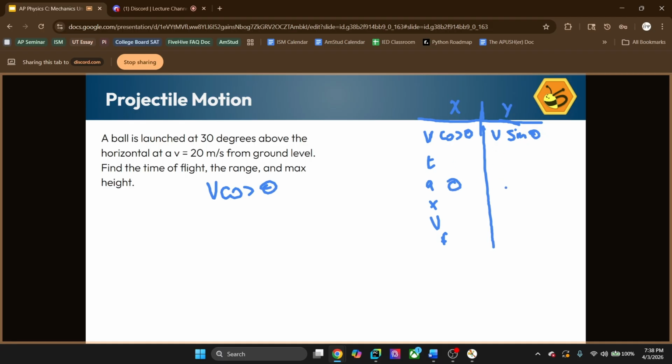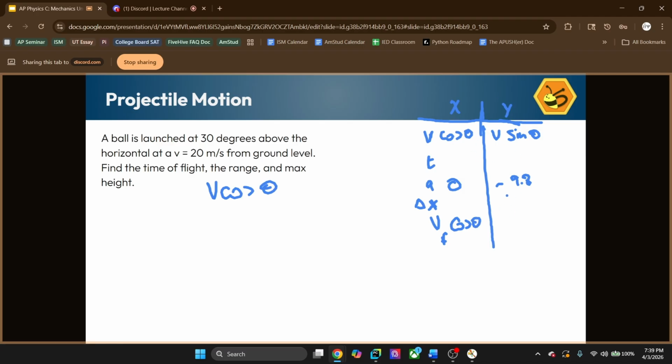We know that for y, it's negative 9.8. The delta x for the x-axis, that's what we're trying to find. We're also trying to find that for y. And for v final, since there's no acceleration, it just becomes v cosine theta.